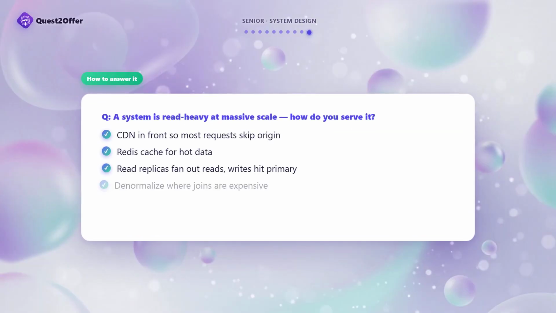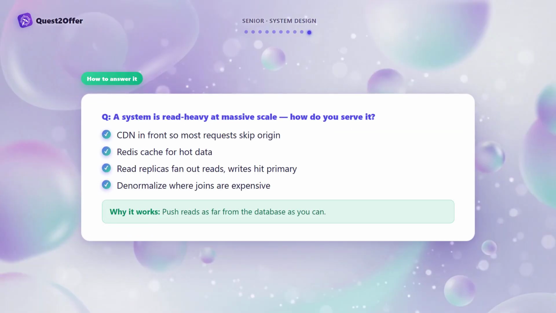Put a CDN in front for static and cacheable content so most requests never reach your origin. Add a cache like Redis for hot data. Use read replicas so reads fan out across copies while writes go to the primary, accepting some replication lag. Denormalize where joins are expensive. The theme: push reads as far from the database as you can.